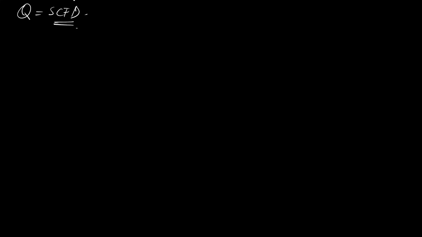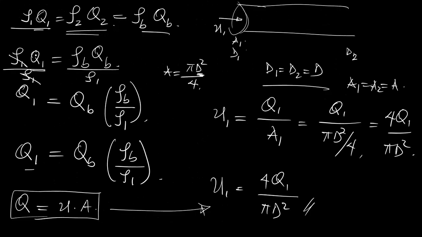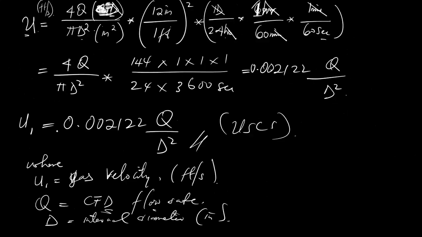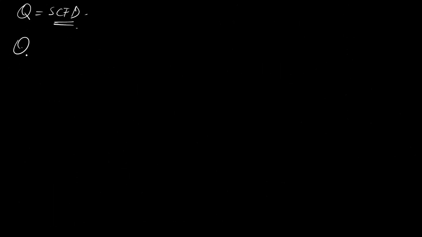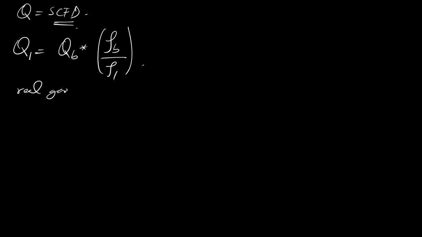So for us to get this, we now have to apply this equation here to get Q1. So Q1 is equal to Q at standard condition times the density at standard condition divided by density at inlet. Now let's apply the real gas equation here.